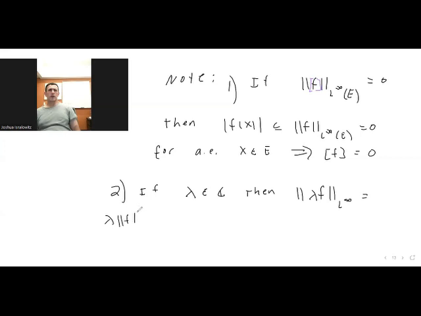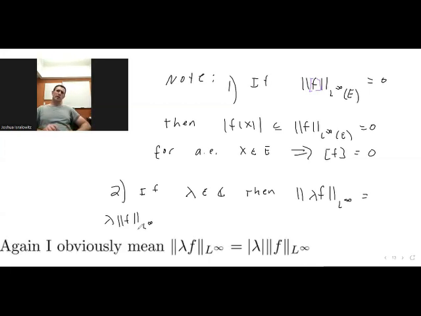Probably just playing around with infimums is the easiest way to do this. So 3 is the triangle inequality, and this is really easy.